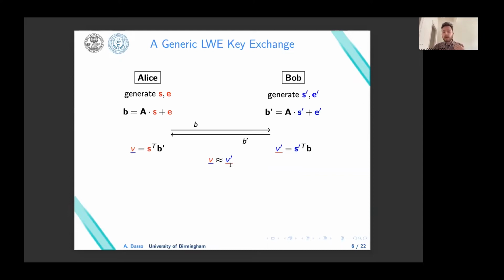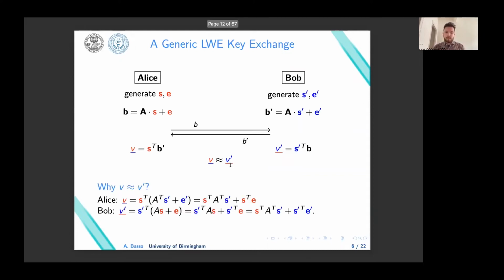Now, why are these 2 values almost the same? Alice computes her secret transposed times the vector B received from Bob. If we expand this product, we see that what Alice computes is S transpose times A transpose times S prime plus S transpose E prime. But this last value is the product of a small secret and a small error, so it will be a relatively small value.